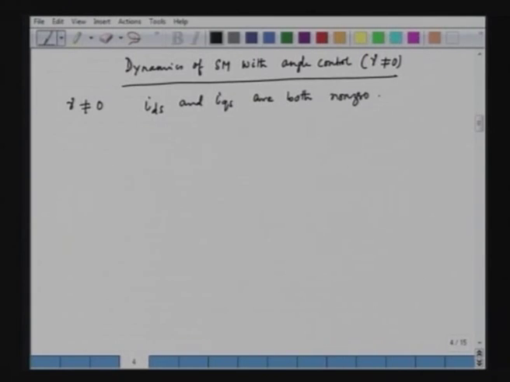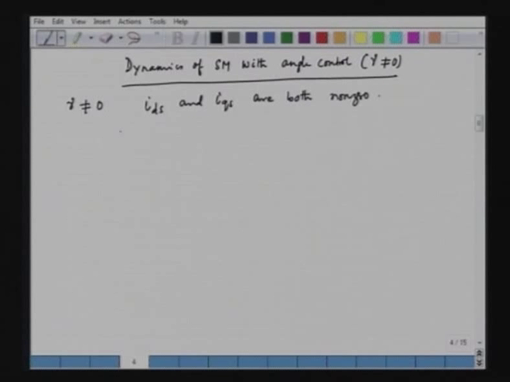So, we can say that IDS and IQS are both present, and here we can assume that IDS is non-zero, but IDS is kept constant, and that is equal to capital IDS, but IF is variable.